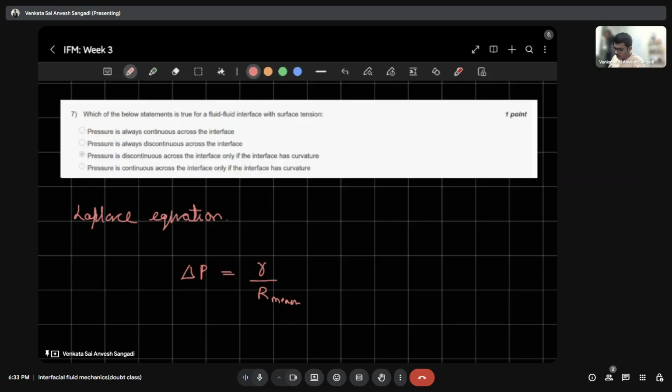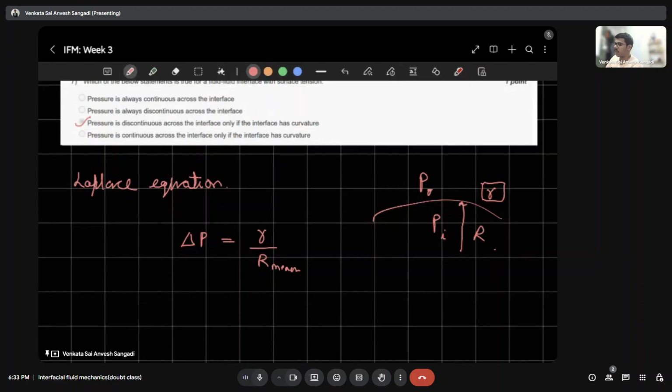So for the interface to have a pressure jump, there should be surface tension and the surface needs to have a curvature. So the correct option is option C. Pressure is discontinuous across the interface only if the interface has curvature. So from the Laplace equation, we can say the pressure is discontinuous only if the interface has curvature.